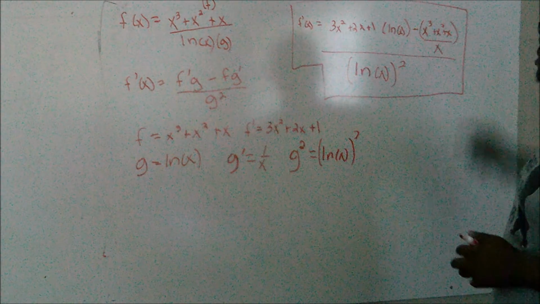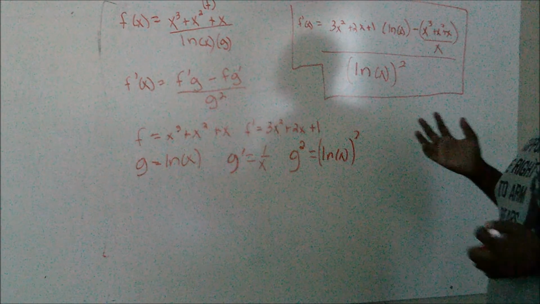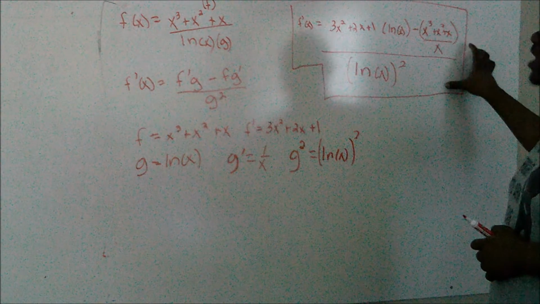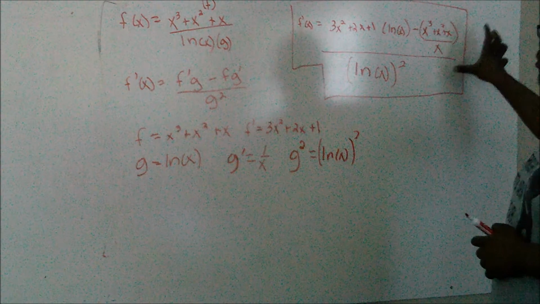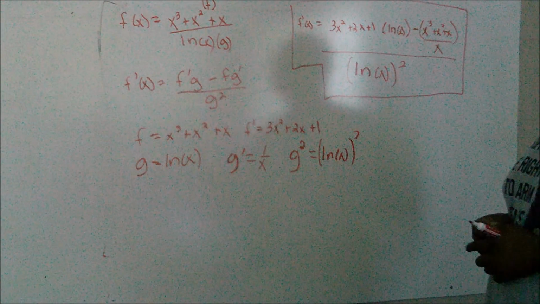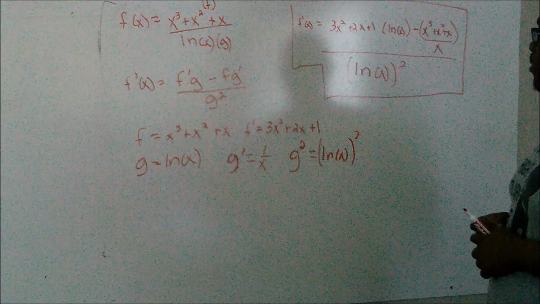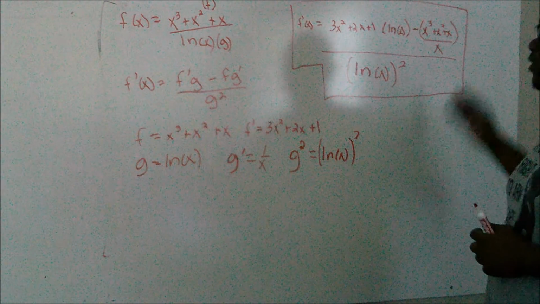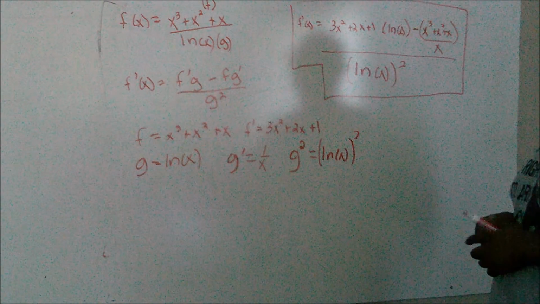Sometimes professors want you to do that. Other times they just want to see that you know the concept. So this is the basic concept. This answer in its most general form is correct. Your instructor will usually let you know if they want you to simplify it to the simplest terms, but if they just say find the derivative, this would be a perfect answer.